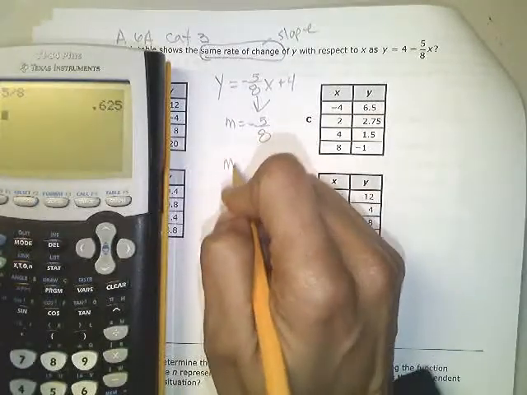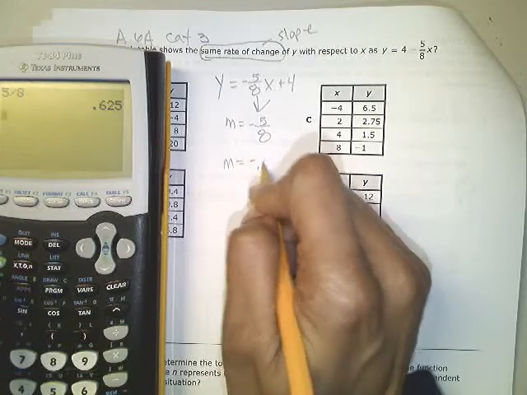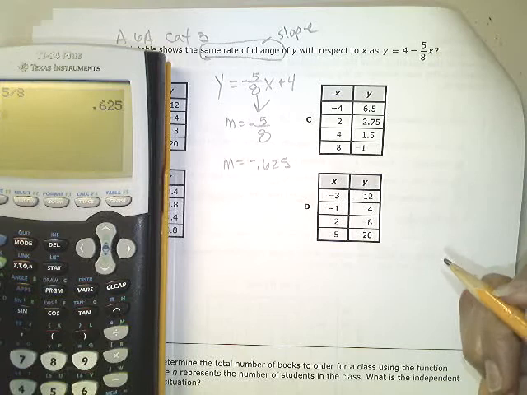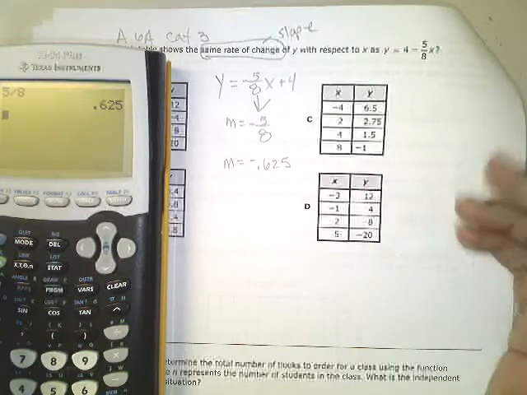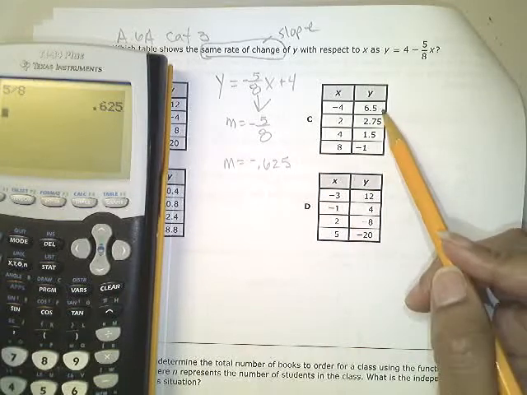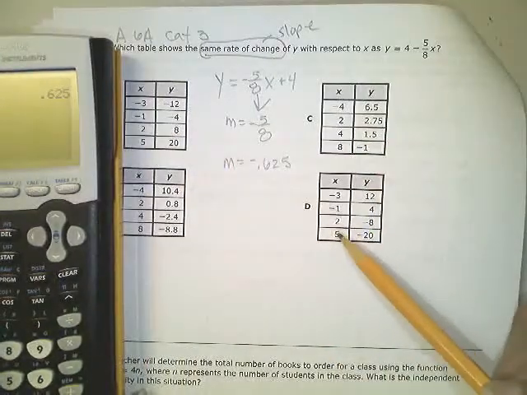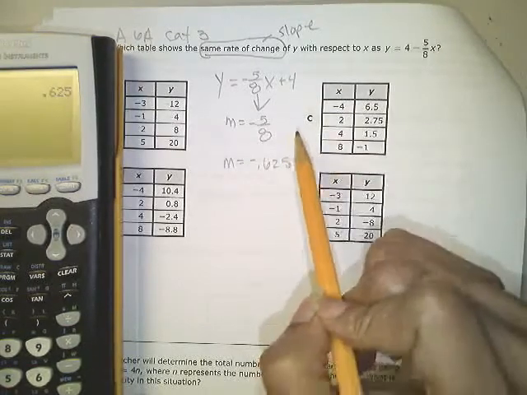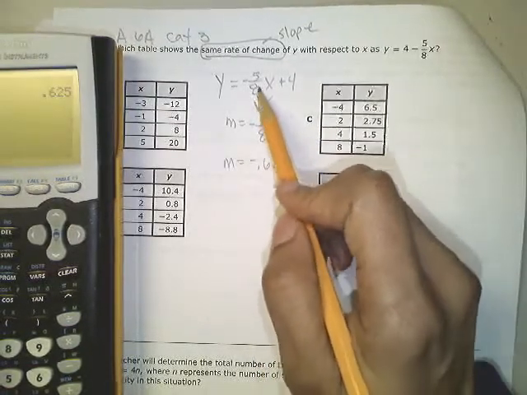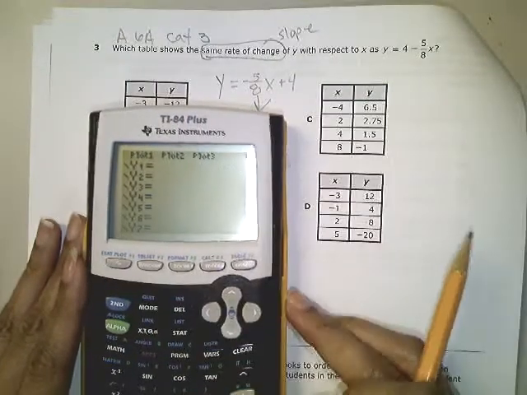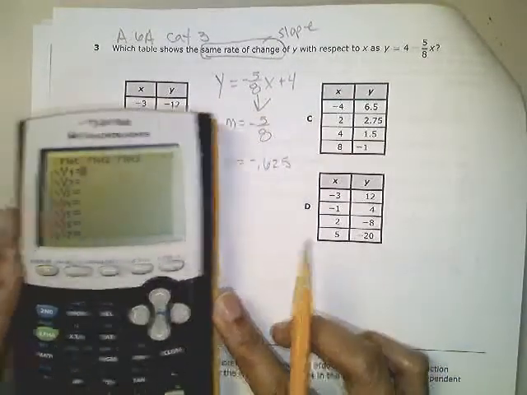My slope is negative 0.625. One thing I could do is go through and calculate the slope on all of these, but an easier way to do this would be to take this, go to y equals, and type it in.